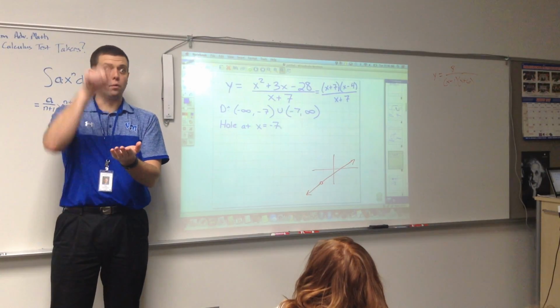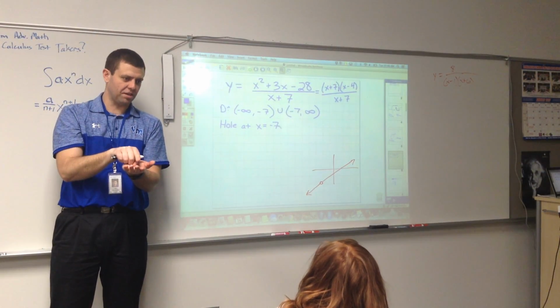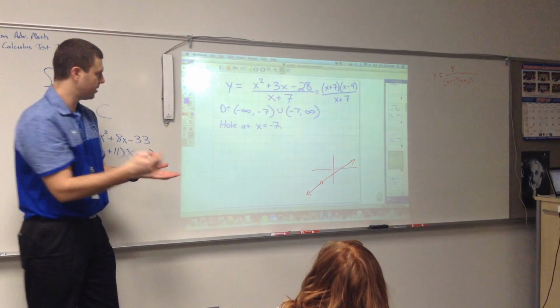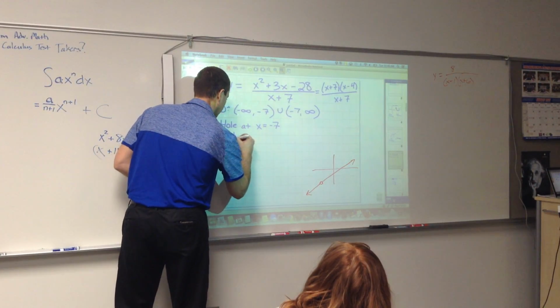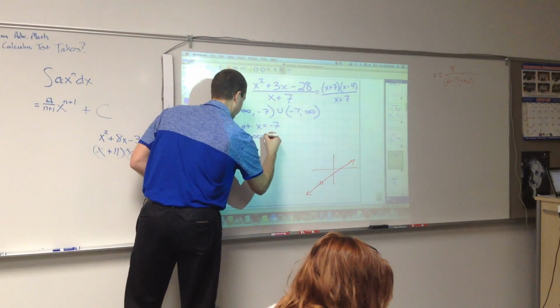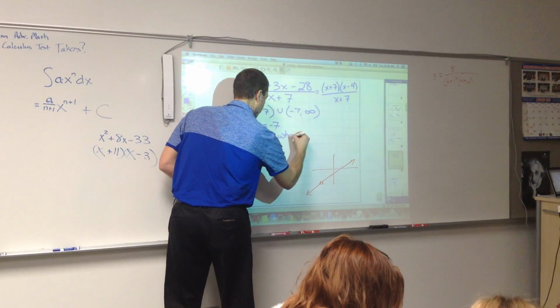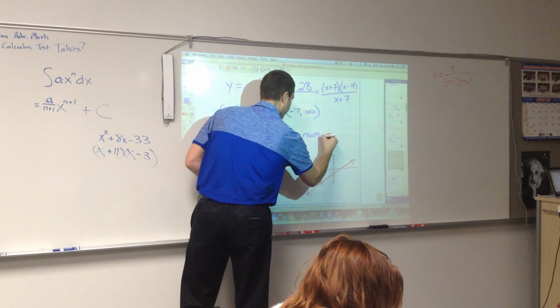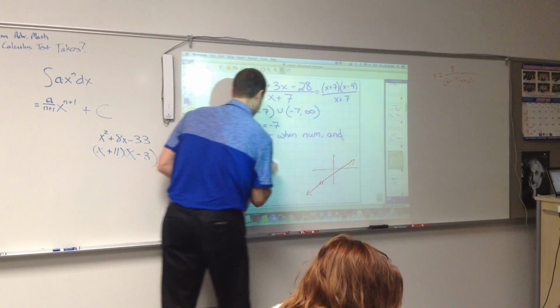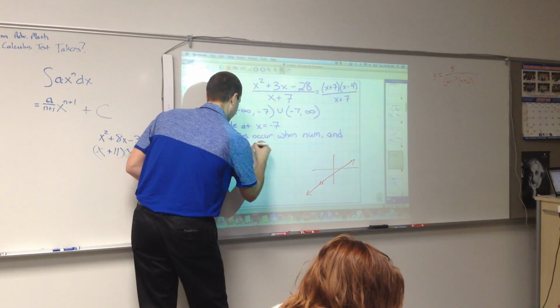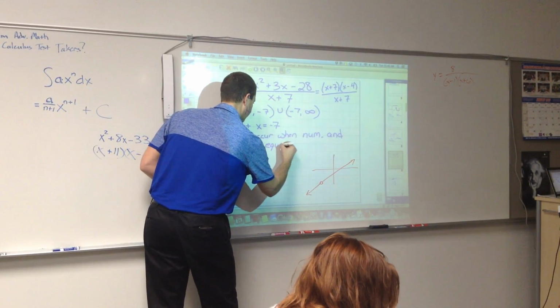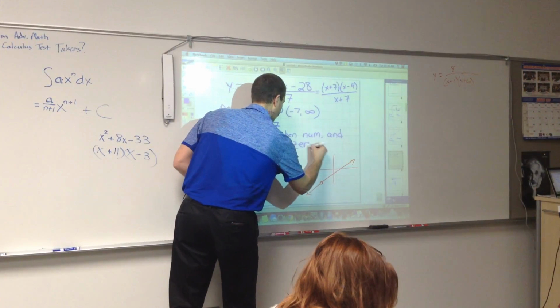Holes occur when both the numerator and the denominator equal 0.